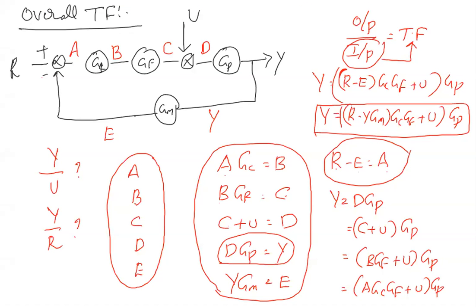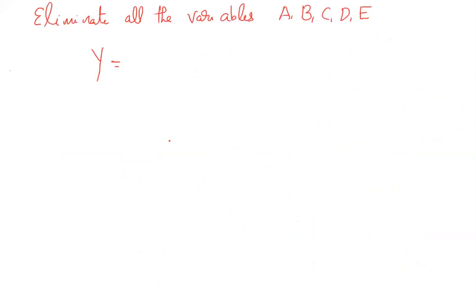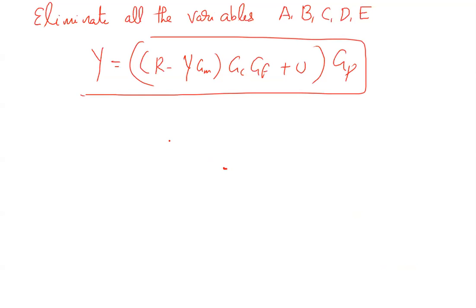R minus Y GM into GC GF plus U into GP. Does this equation contain any of A, B, C, D, E? No.